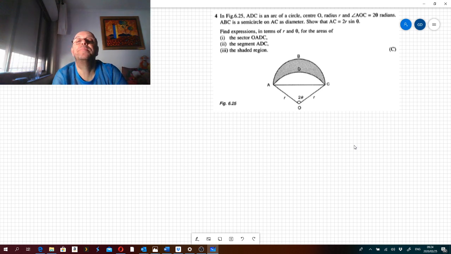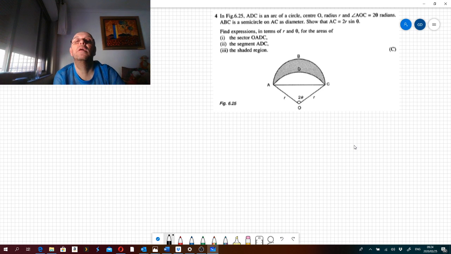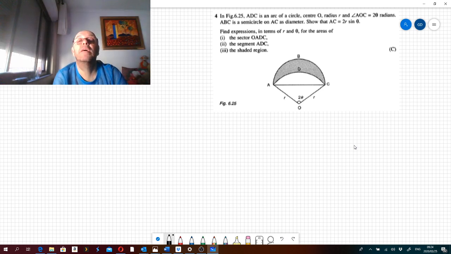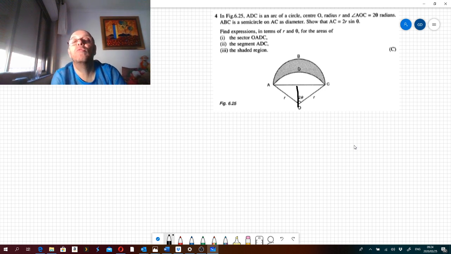Okay, so this one relies on some trig, which we have not yet done, but maybe we can do it without that trig. So first of all, what I'm going to try without the trig is to do the following. I'm going to draw a line which is perpendicular to AC, and that would be a height of the triangle.